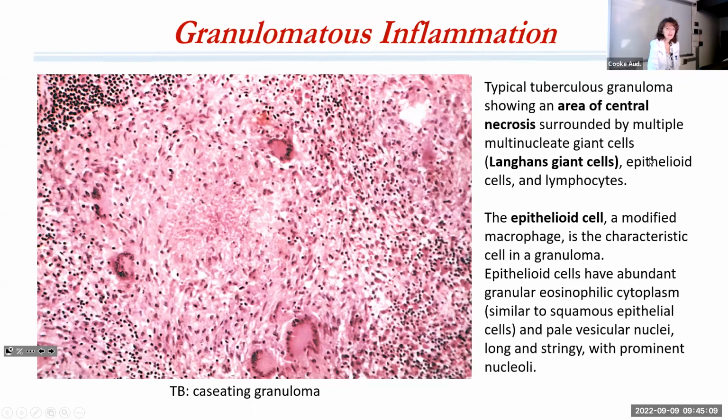Here's an example of a tuberculous granuloma showing a central area of necrosis surrounded by these multinucleated giant cells, also called Langhans cells, epithelioid cells, all of these epithelioid cells, and you can see a rim of lymphocytes surrounding it. So I gave you the definition of an epithelioid cell, a modified macrophage, which is characteristic in this granuloma.